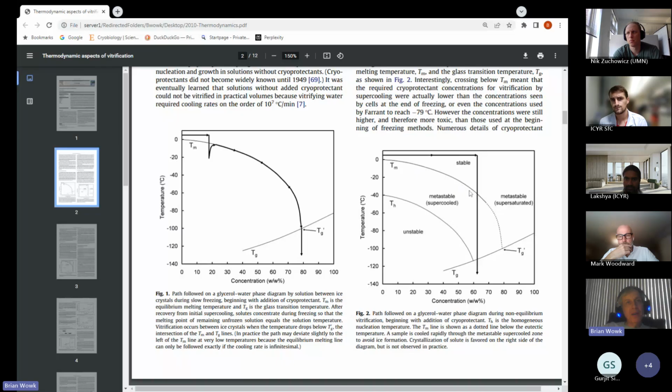Because once you get into concentrations where you are replacing significant portions of the water in the sample, what matters more is not the number of moles, but how much water you're leaving.